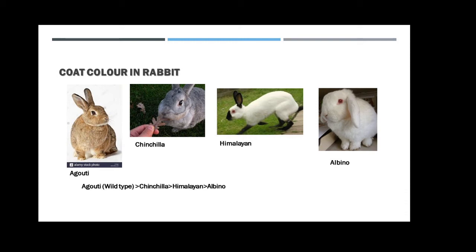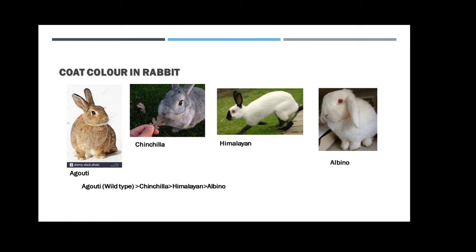Chinchilla has ash or blackish colored hairs on the skin. They have black eyes, prominent ears, and white patches on the shades. They have white patches on the neck, near the eyes, nose, and tip of the ears.